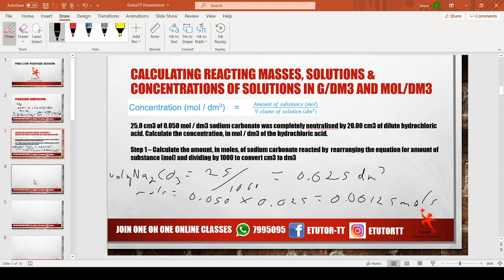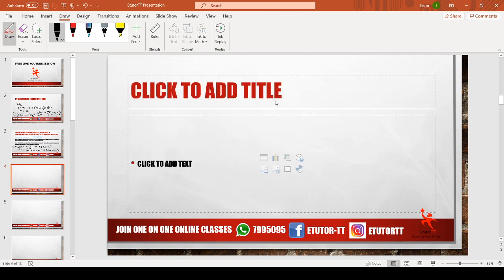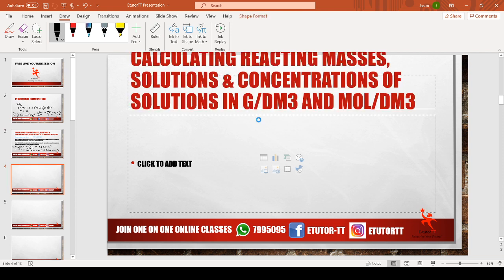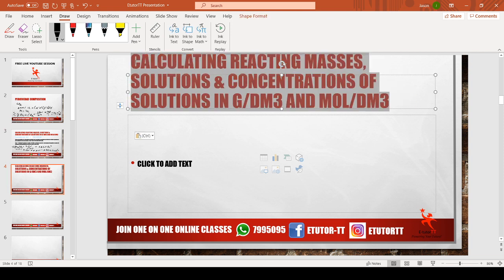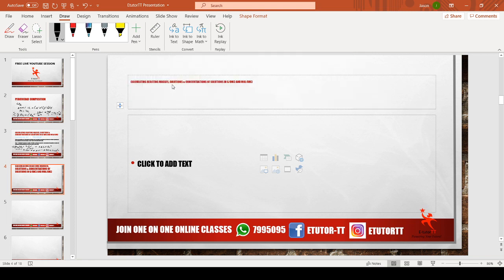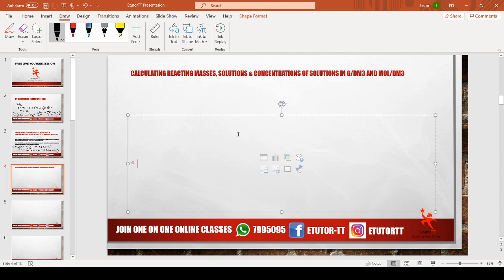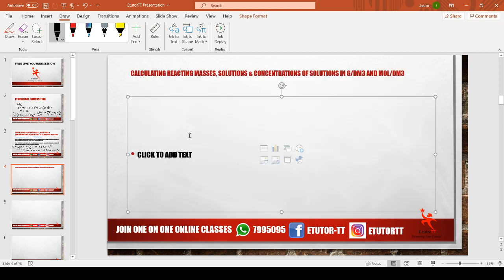At the first step, we calculated the moles of sodium carbonate. So next step, second step now.